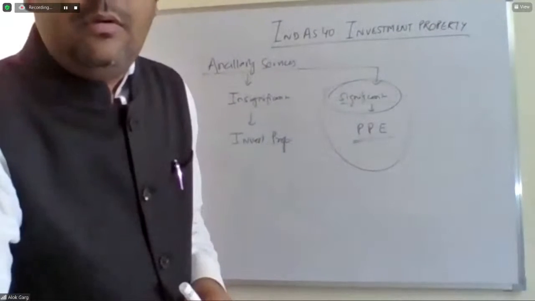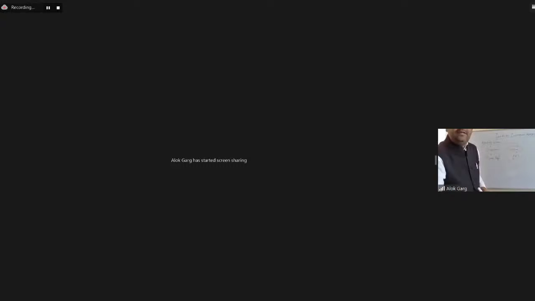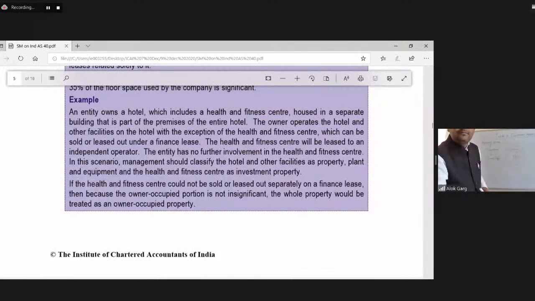Now let's look at this example from the institute study material. An entity owns a hotel which includes a health and fitness center housed in a separate building that is a part of the premises of the entire hotel.